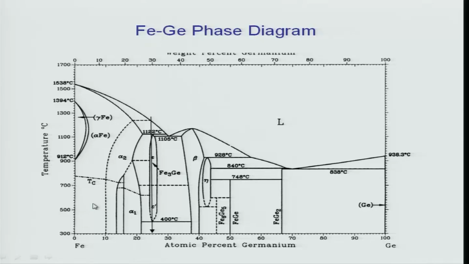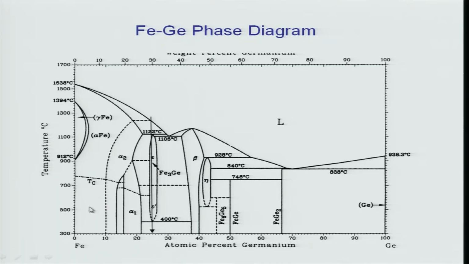As you see here, this diagram contains many phases, starting with alpha, then epsilon, eta, beta, and many other compounds like Fe5Ge3, Fe6Ge5, FeGe, FeGe2, correct. But as usual, on both ends there are solutions.